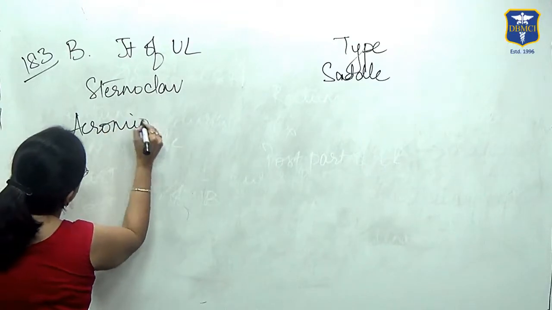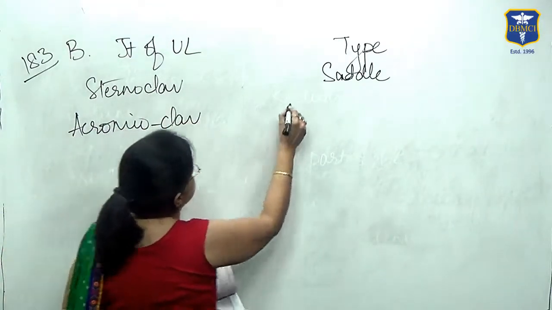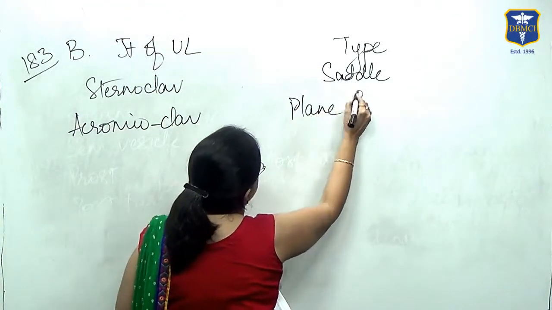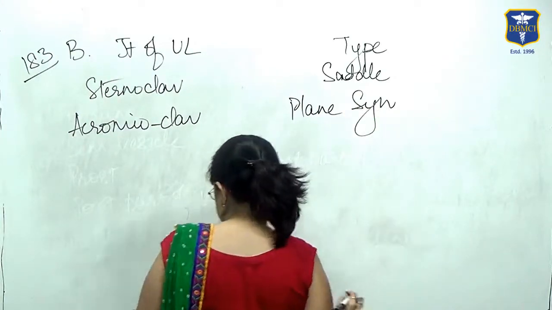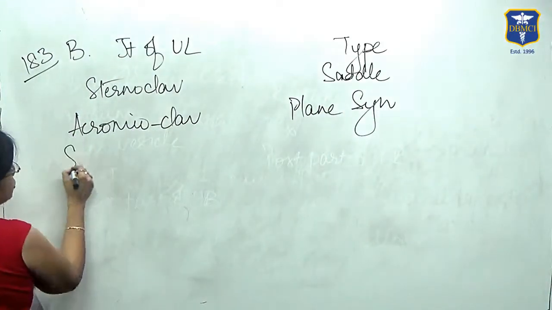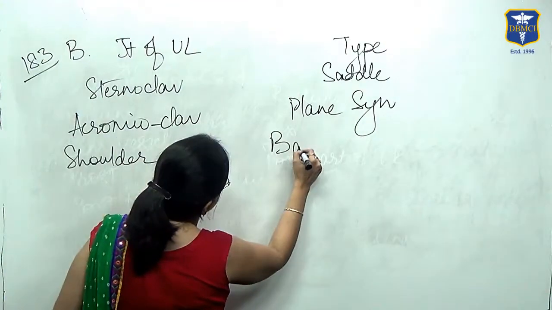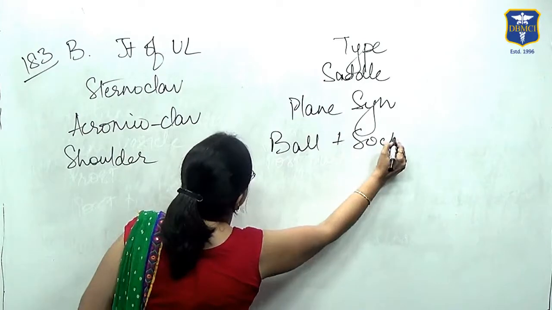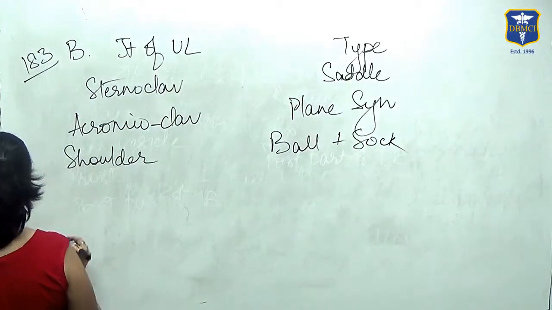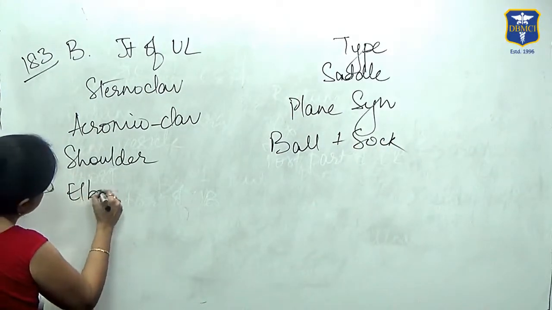Acromioclavicular is plain synovial. Shoulder, ball and socket. Elbow, hinge.